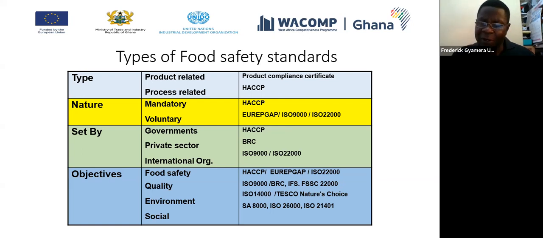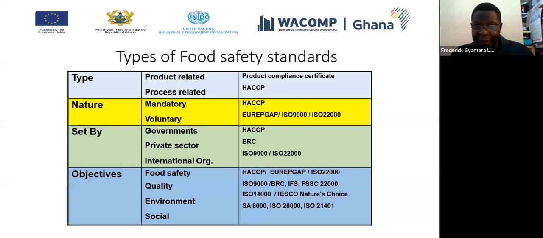And I've mentioned some of the standards. It's either HACCP, Eurogap, now we call the Ghana Gap, or the Global Gap, you have it. ISO 22,000, 9,000, BRC, the IFS, that is International Food Standard. And then now, I told you about the third grade, the FSSC 22,000.